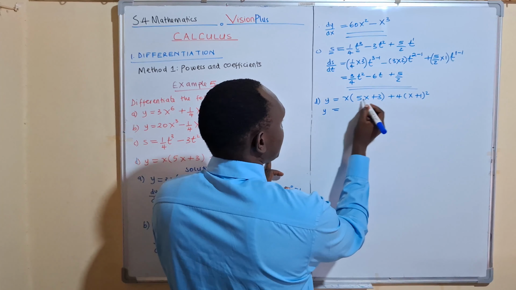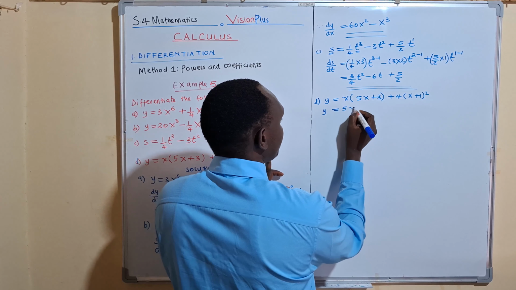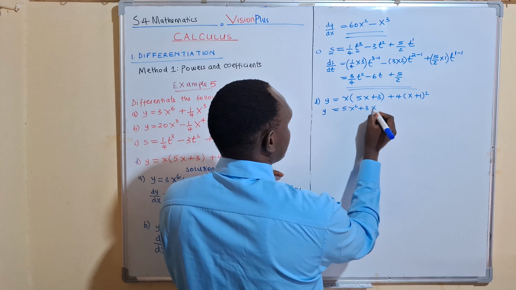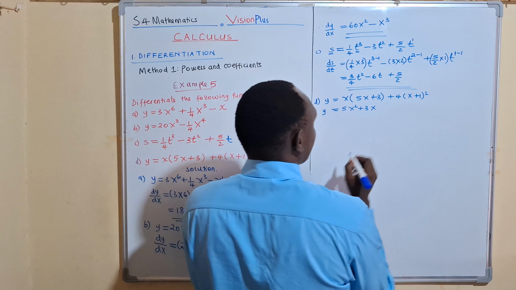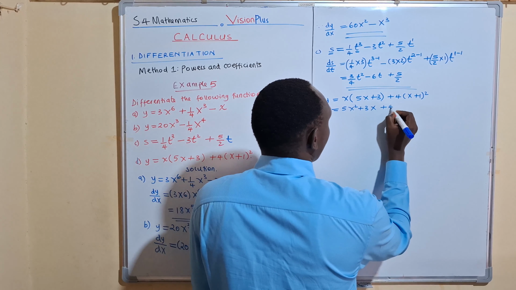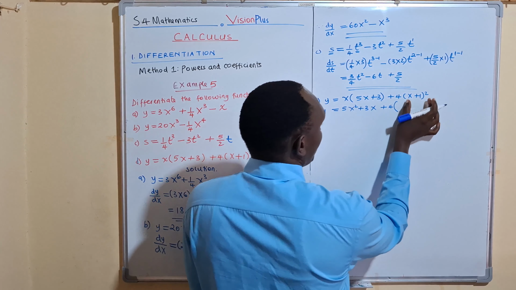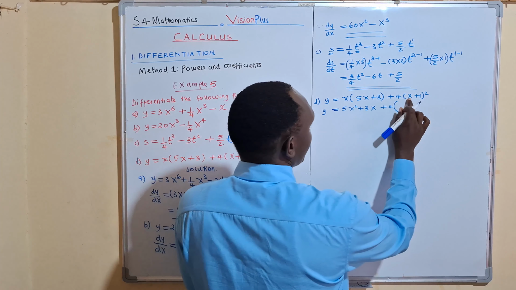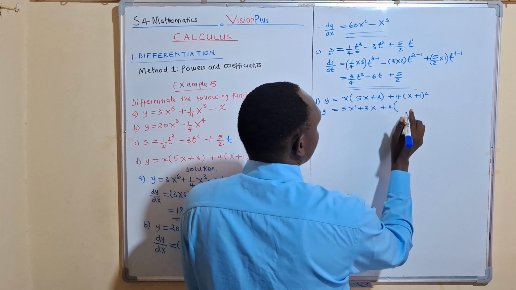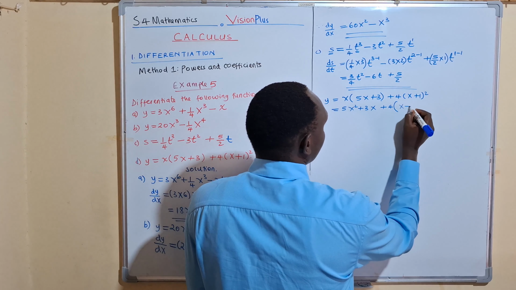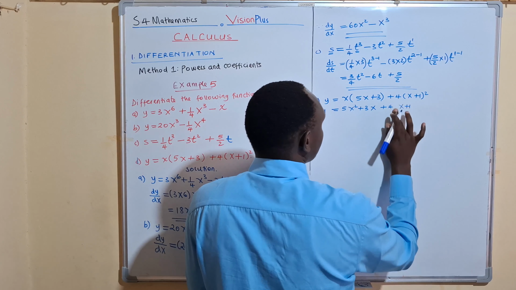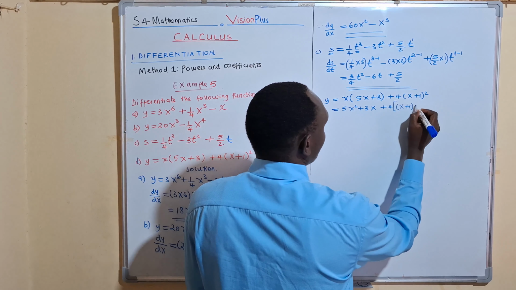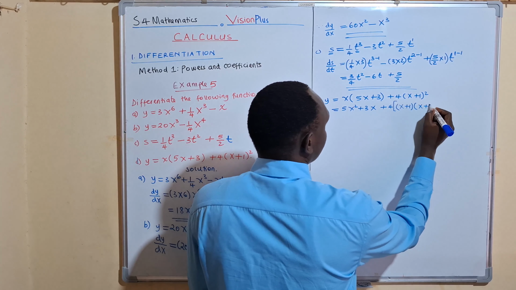That means x times 5x gives us a 5x squared. X times 3 gives us 3x. We have expanded that side. Plus 4. Now let me first square x plus 1. If we're squaring x plus 1, it means it is x plus 1 times itself. Let me put a square bracket. It's the same as x plus 1 times x plus 1.